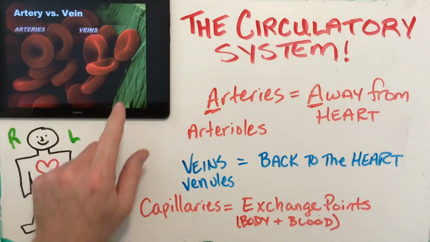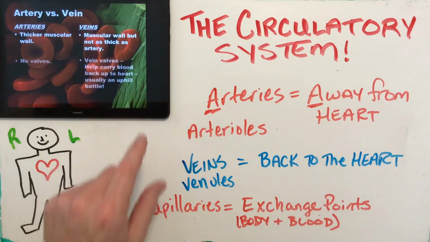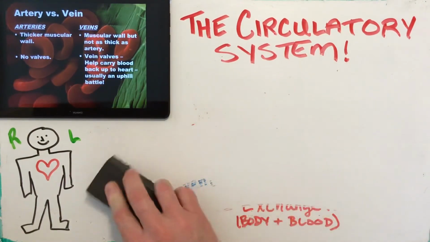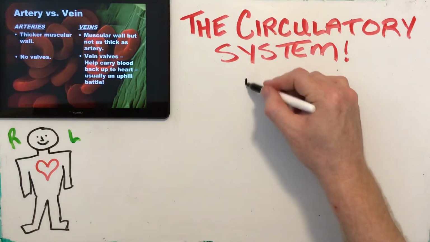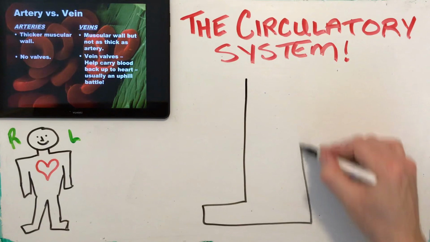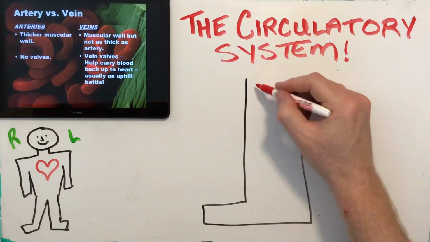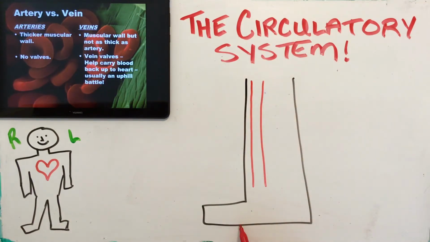So I want to go over an artery and a vein. We know that they both have thick muscular walls. The artery is a little bit thicker. Now, I'm going to draw a picture here of this guy's foot up close, or his leg. All right, so there's his leg. Now, an artery, if he's standing here, would come down if we're feeding the foot.